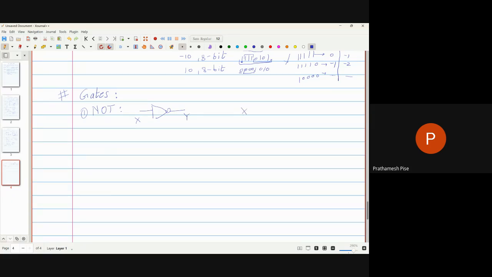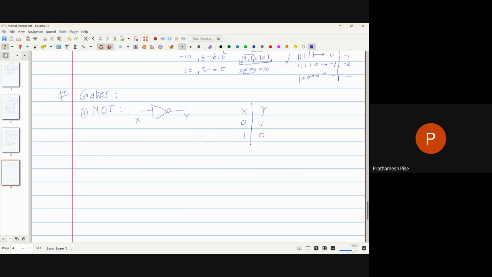So let's draw the truth table for it. If x is 0, the output will be 1, and if the input is 1, the output will be 0. It's a very simple, basic NOT gate.